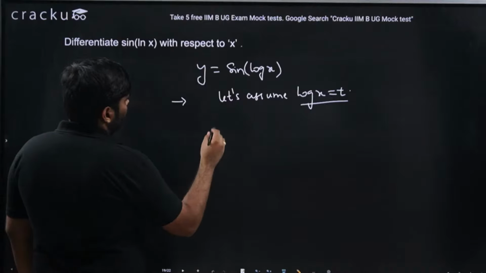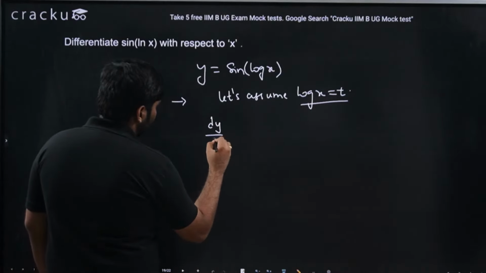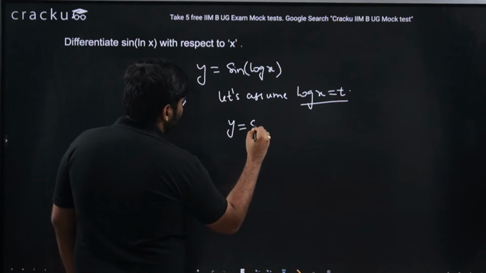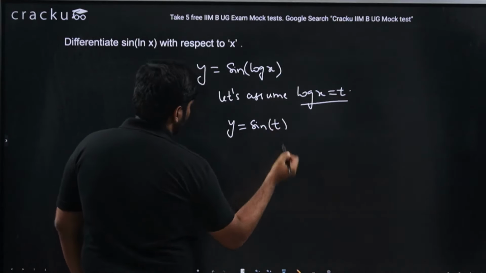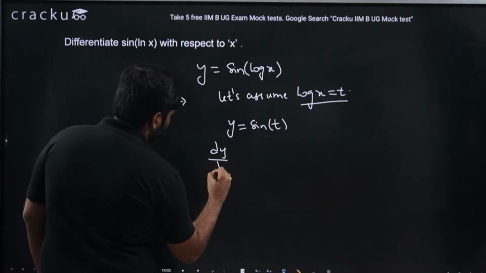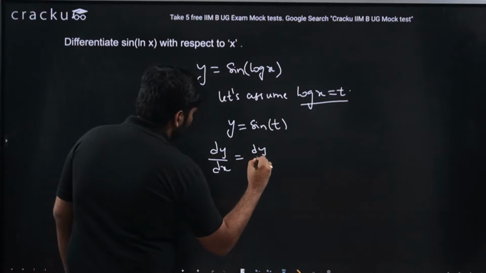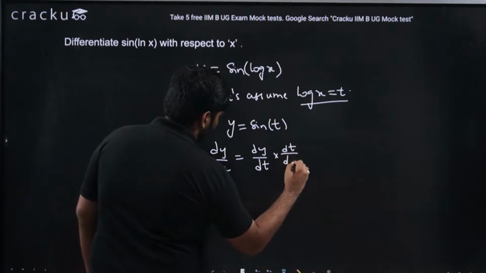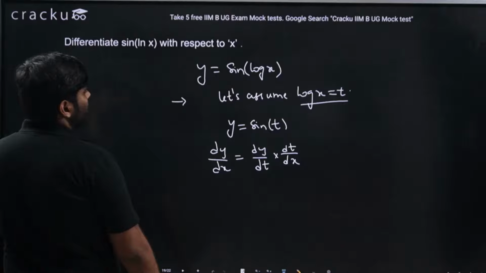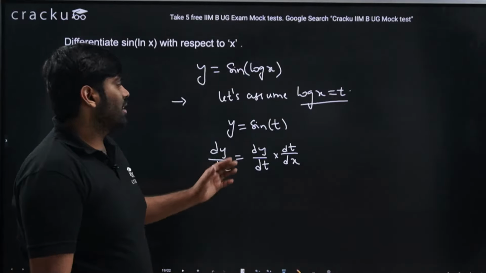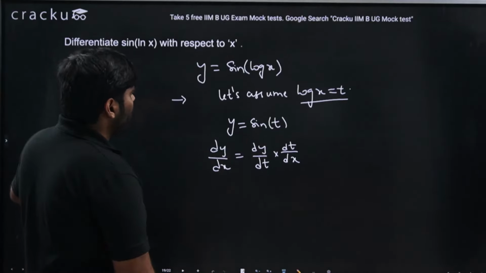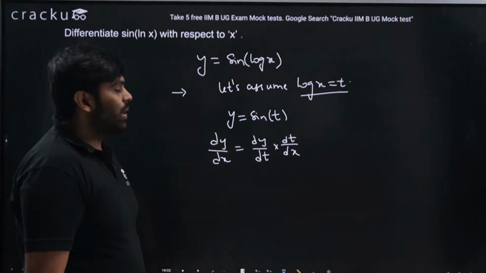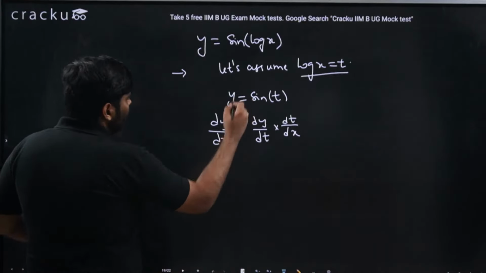Y is equal to sine of log x. Let's assume log x is t. Then y can be written as sin t. If y equals sin t, then dy by dx can be written as dy by dt into dt by dx, chain rule.